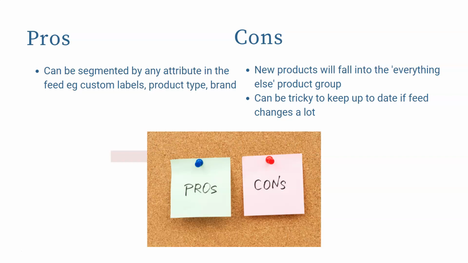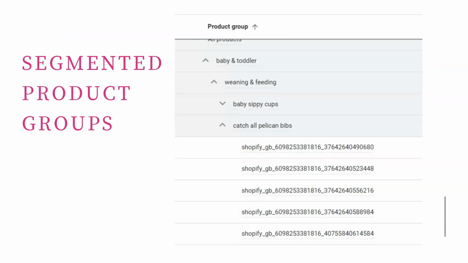So the downside of this is that every time you split down to a new level, in every single one of those levels, you're going to have an everything else. So the catch-all Pelican Bibs has each product split out individually, with an everything else in all Pelican Bibs. There's an everything else in baby sippy cups.